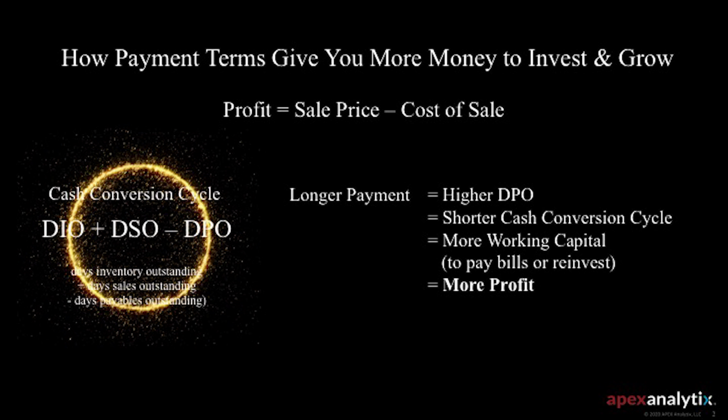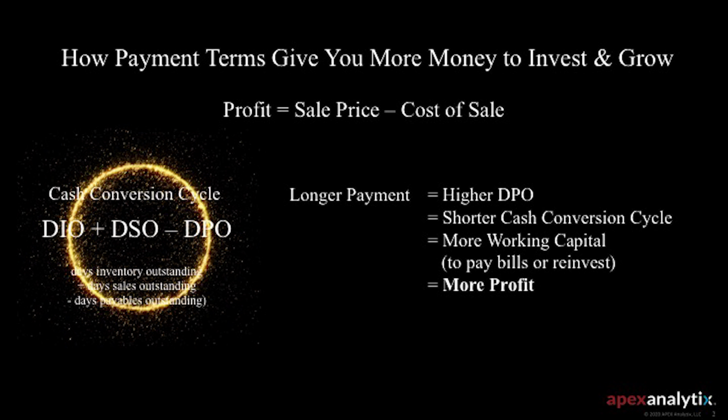And that turnaround is called the cash conversion cycle. And the money you have available to pay your bills and reinvest is working capital. The 3 components of working capital calculations are days inventory outstanding, days sales outstanding, and days payable outstanding. And the last of these, DPO, is the component most impacted by procure-to-pay processes.